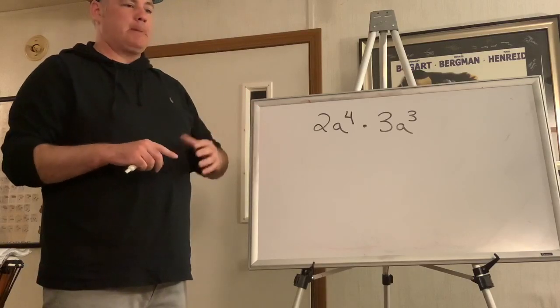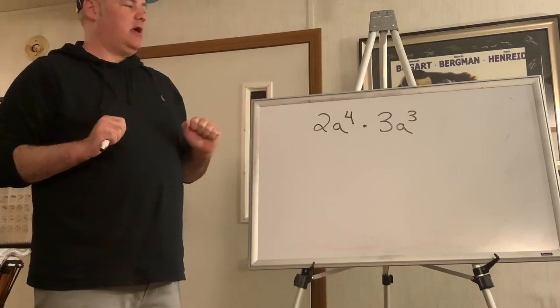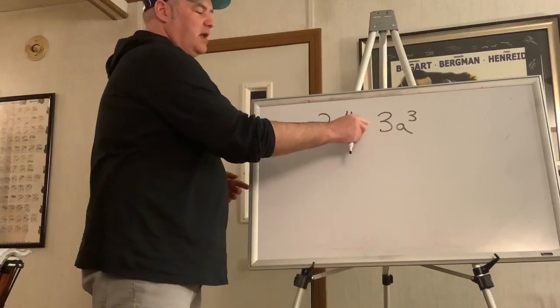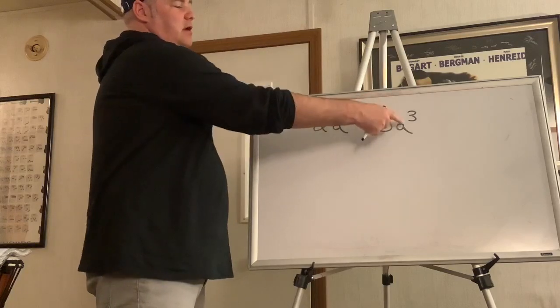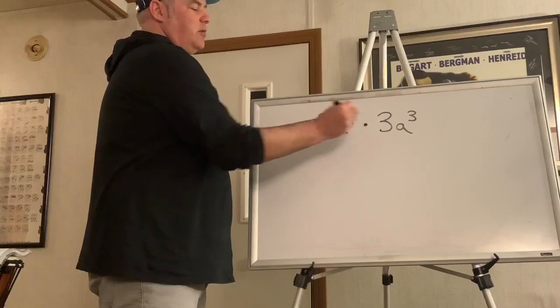When you're multiplying, you can multiply anything like that. If this was plus, we're stuck. We can't add an a to the fourth plus an a cubed. But we're not adding or subtracting, we're multiplying.